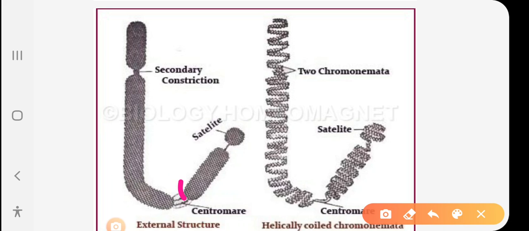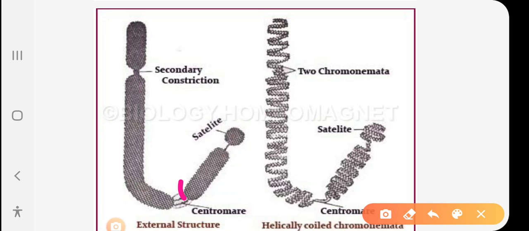So here, after the secondary constriction in some other chromosomes, a short ball-like structure is there that is known as the satellite. The chromosomes having a satellite are called SAT chromosomes.